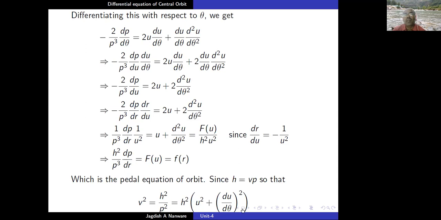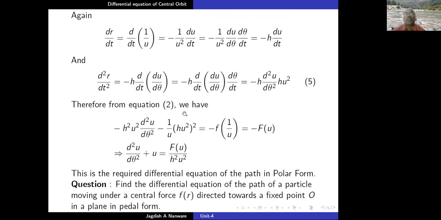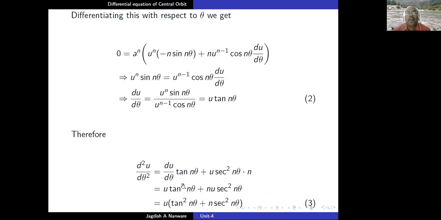This is the differential equation: second derivative plus u is equal to f of u, so this is the central force divided by h² into u², right? So this is the differential equation we are using, and therefore here we have obtained the second derivative.